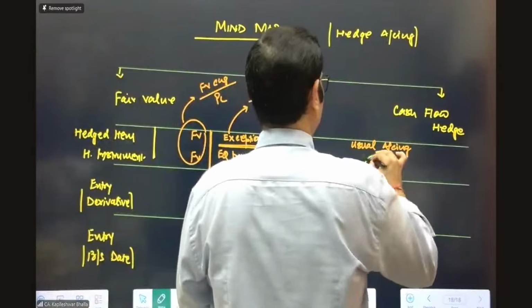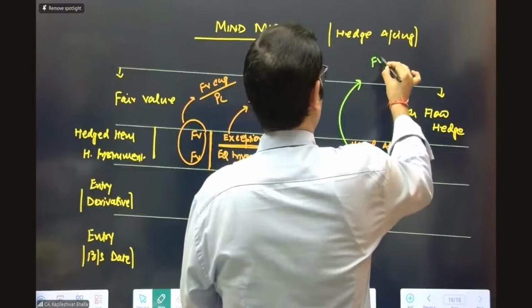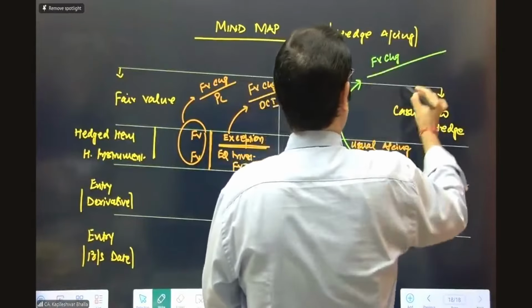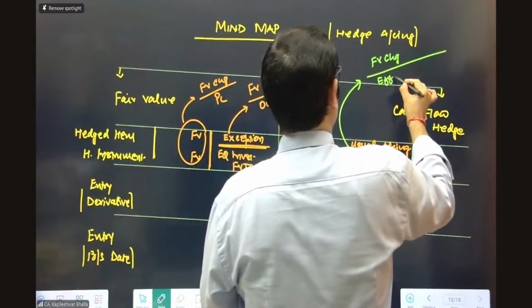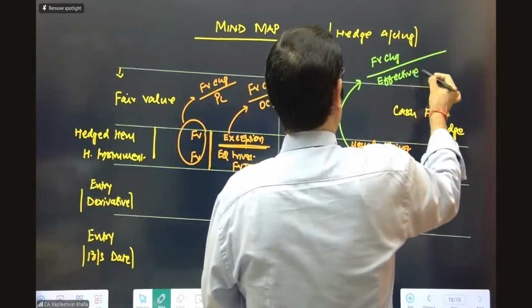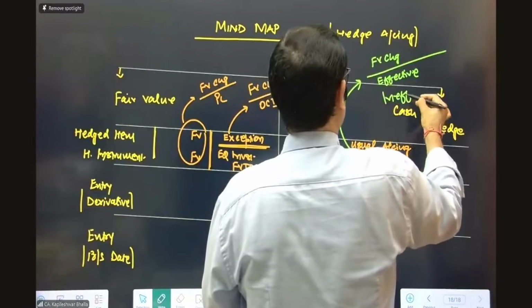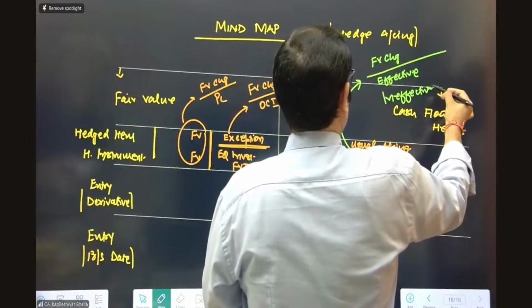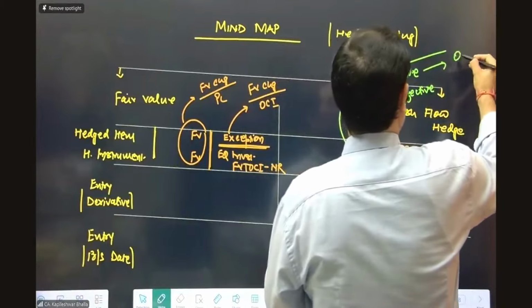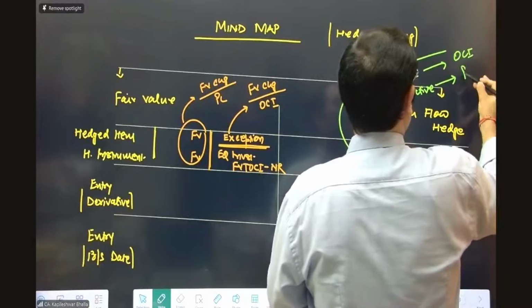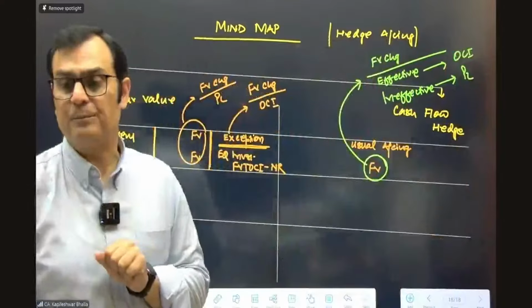When you look at the fair value changes in this case, you need to filter what is the effective portion and what is the ineffective portion. The effective portion enters the other comprehensive income and the ineffective portion enters the P&L.